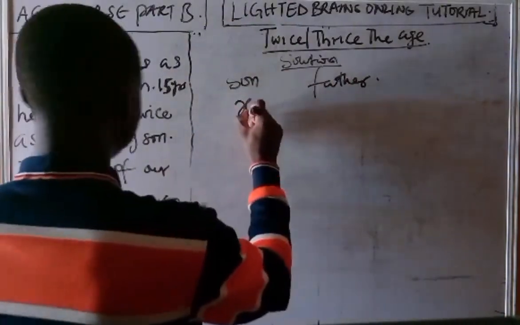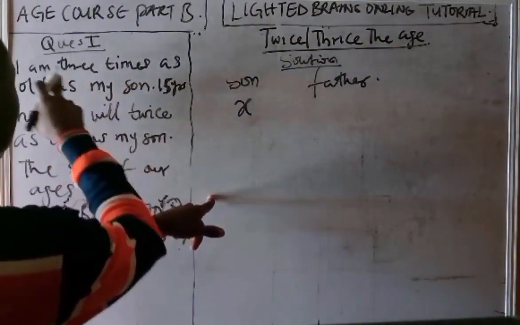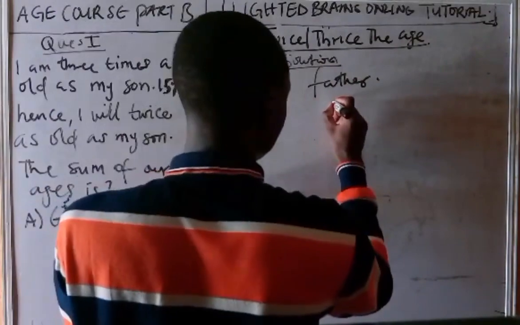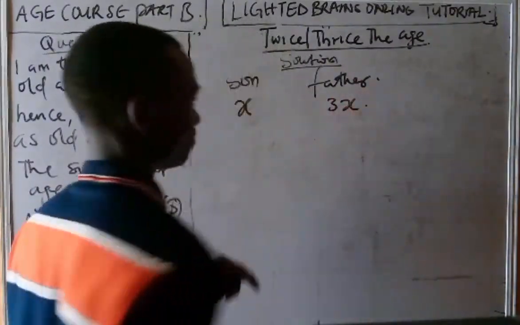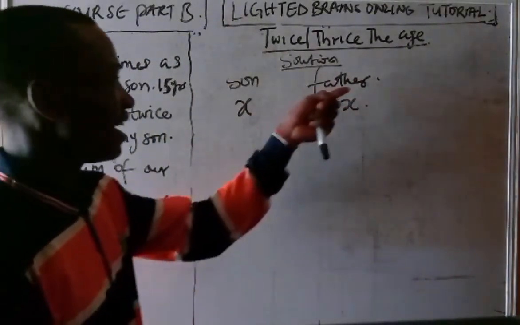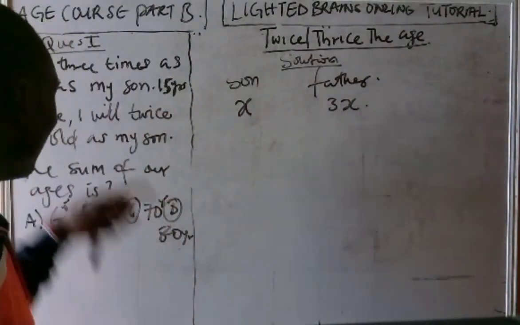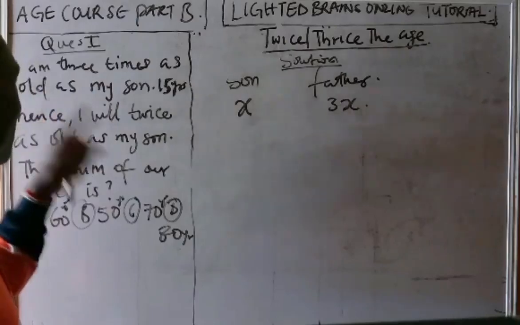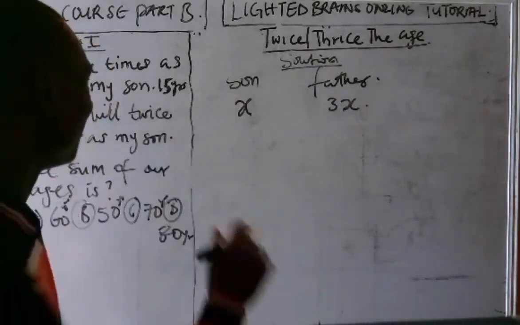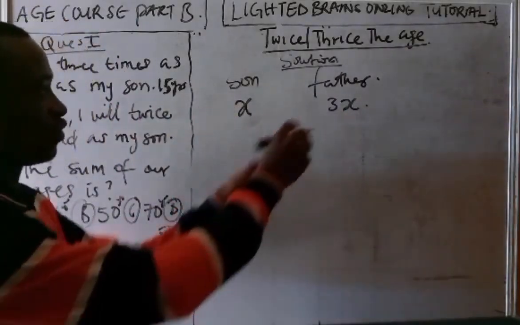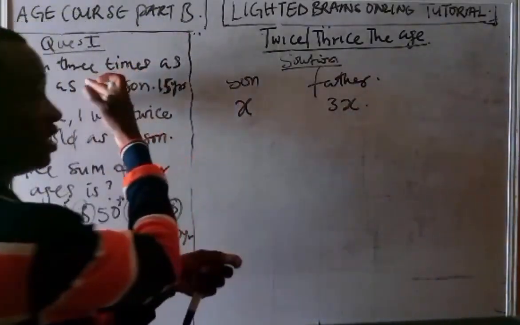The son's age is x. Then we say that I'm 3 times as old as my son, so this is your 3x. Some people ask, why did you write father? They didn't write father here.